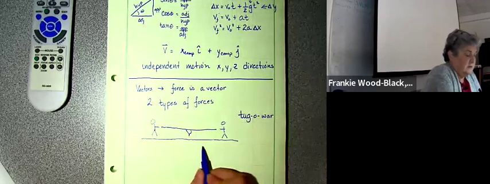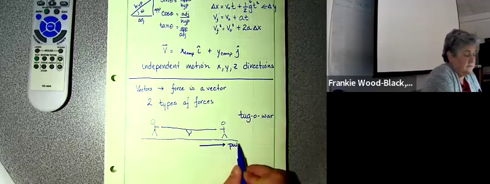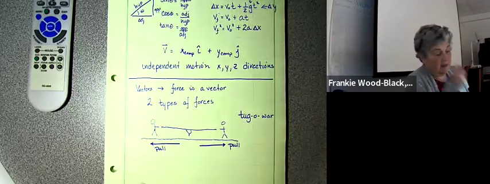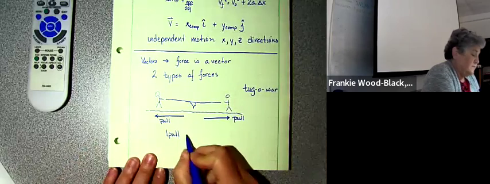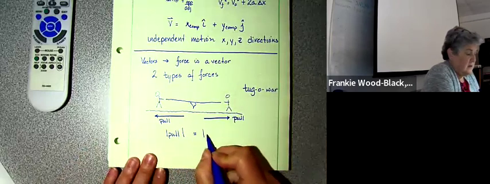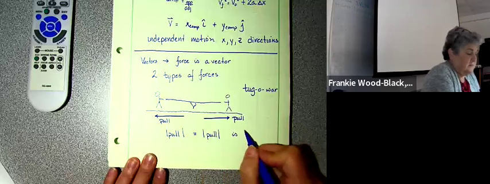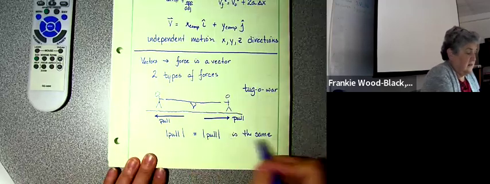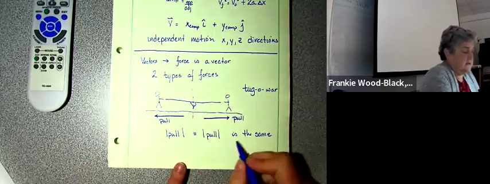So this person is going to pull this direction, and this person is going to pull this direction. If the magnitude of the pulls is the same, then the flag doesn't move. The flag is going to stay right where it is.